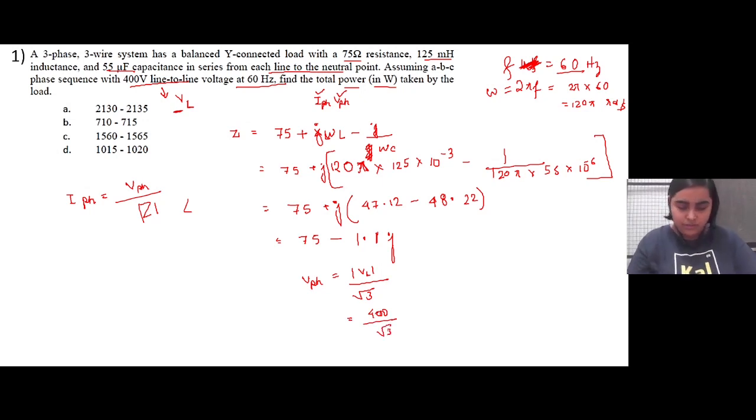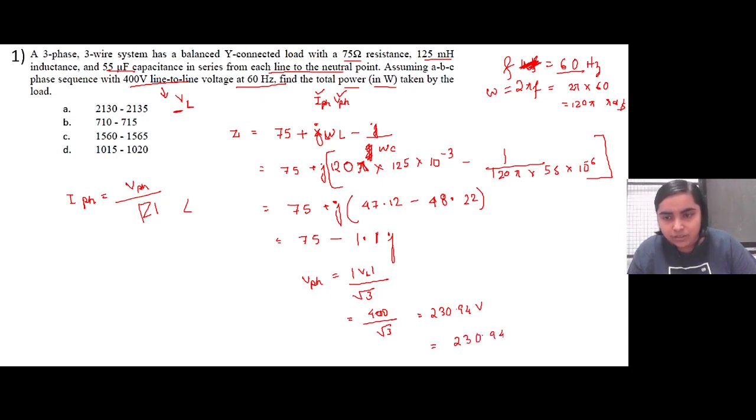So this comes out to be 230.94. Since no phase is given, the phase angle is 0, so you can write this as 230.94 angle 0 degrees.